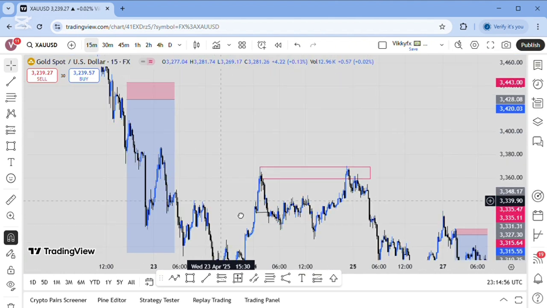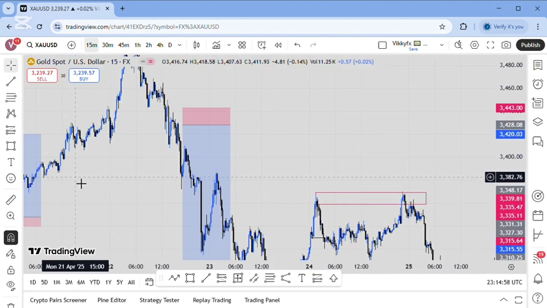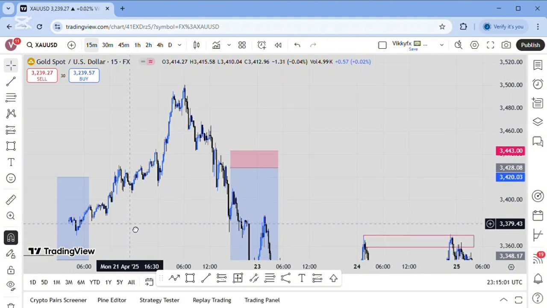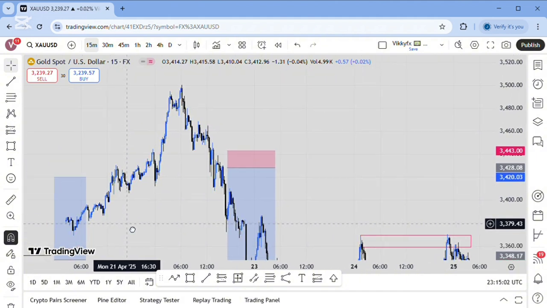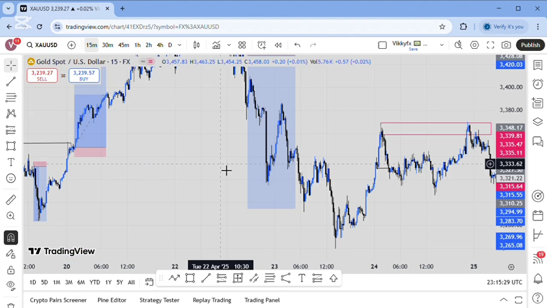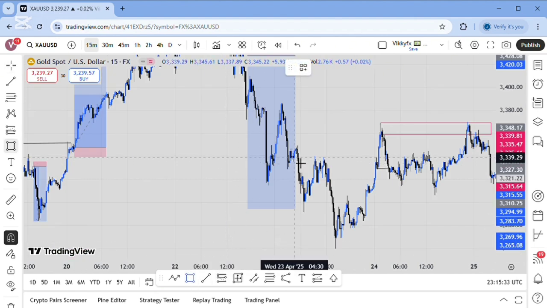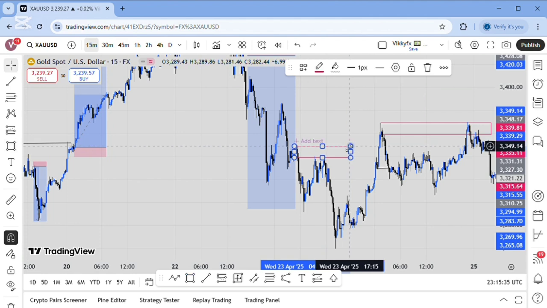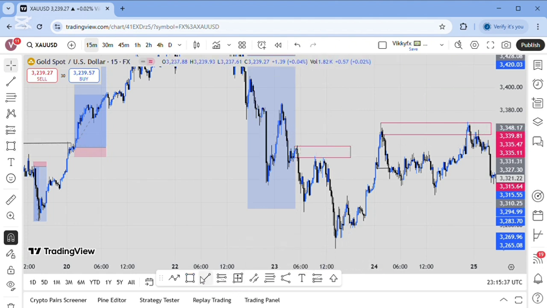Let me look for another example on a sell market for you guys. Okay, this is an example too. You can see after the break of structure to the downside, this is a break of structure, right?